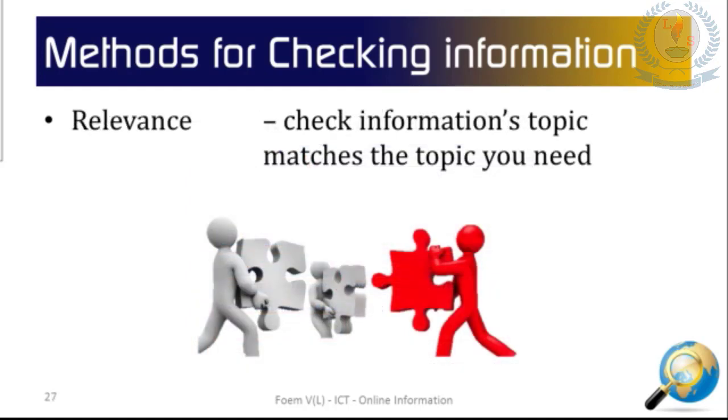Check that the information's topic matches the topic you need. Think you are given a question and you write the answer. When you write an irrelevant answer for that question, will the teacher give the marks? No. So you have to consider the relevancy of the information. That means it matches the relevant topic.